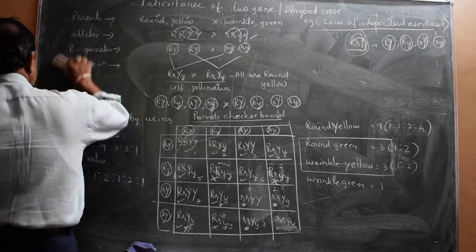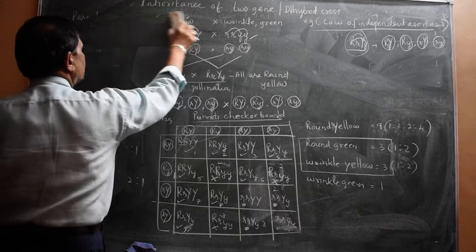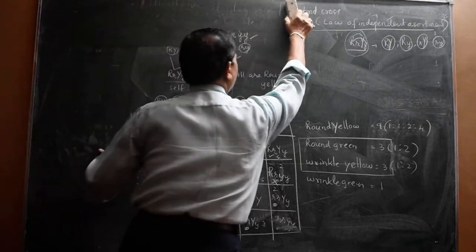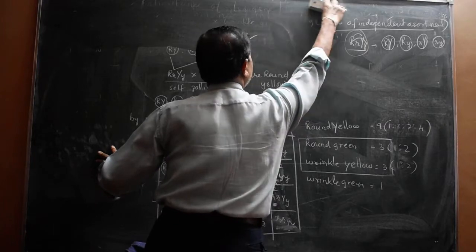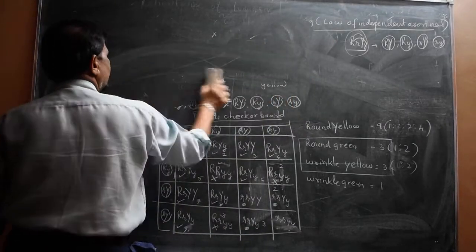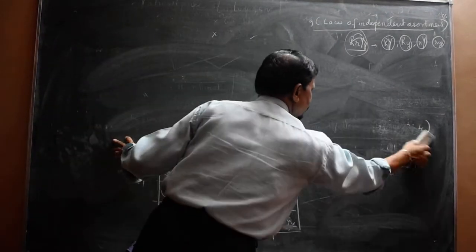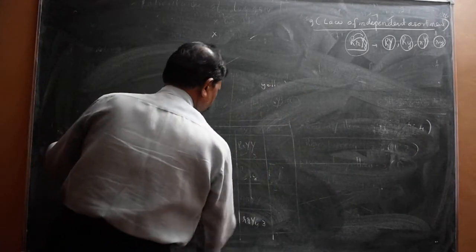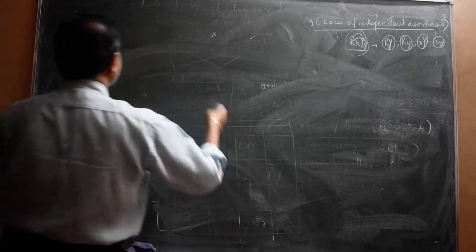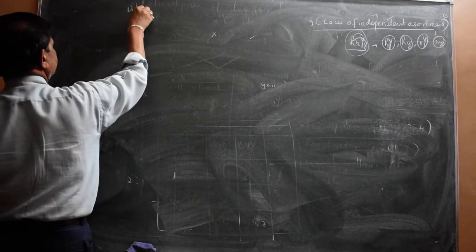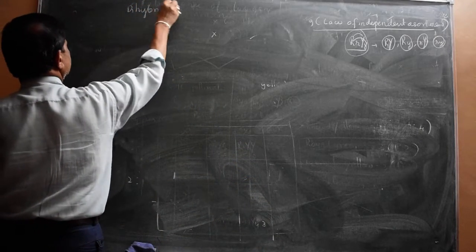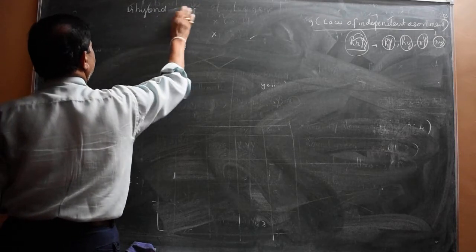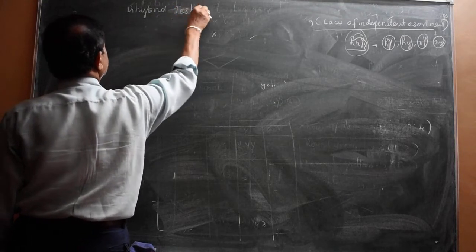Now with this we have to move on to the same law of independent assortment only. The law of independent assortment you can also deduce by another example, and that may be easy for you also, that is by using the dihybrid test cross.